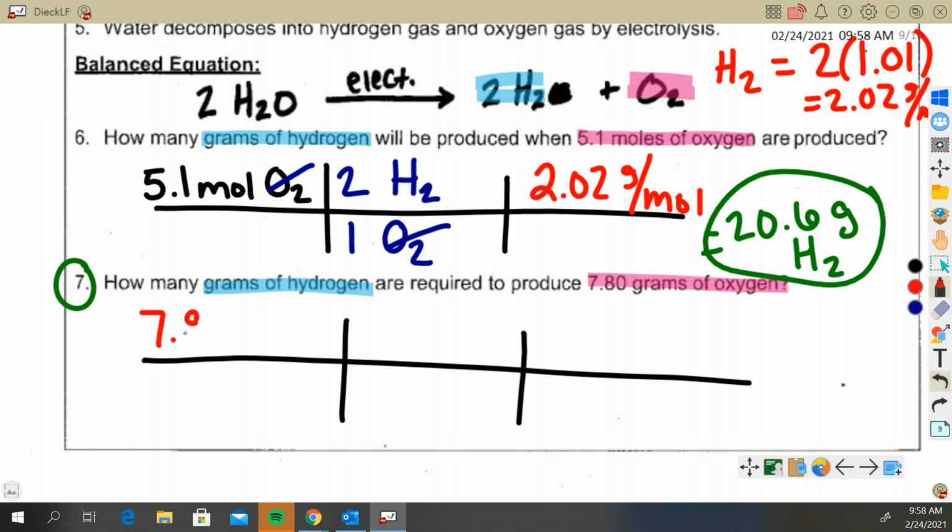You should have looked at your flow chart and realized, oh, I need to divide by the molar mass of oxygen. So you would have needed to calculate the molar mass of oxygen, and you should have come up with 32. Did we all do that? Yep. Amazing. Next, we have our mole ratio. So we want hydrogen. We're given oxygen.